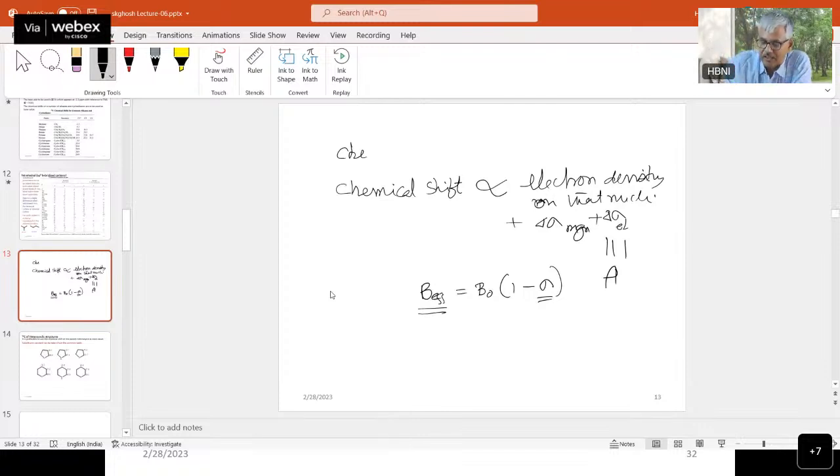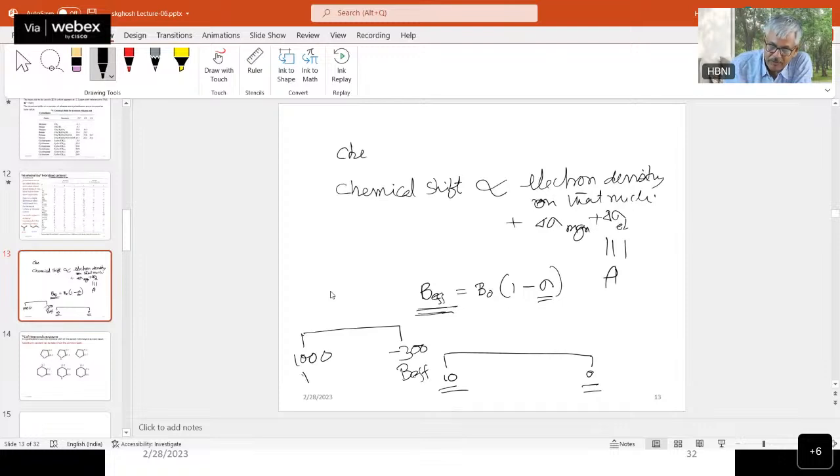Let us say in the case of hydrogen, what we have seen is that mostly they come around 0 to 10 ppm, so you can find out the change in B effective. But if you go for, let us say, fluorine, that is coming from minus 300 to, let us say, 1000. You can find out the B effective here and here, and you will see there is a lot of difference.